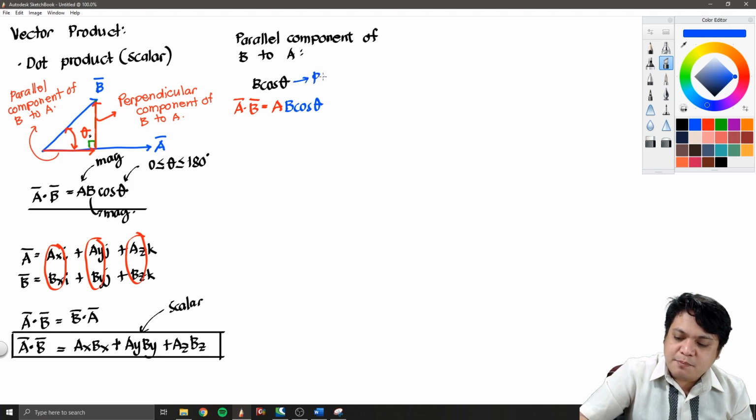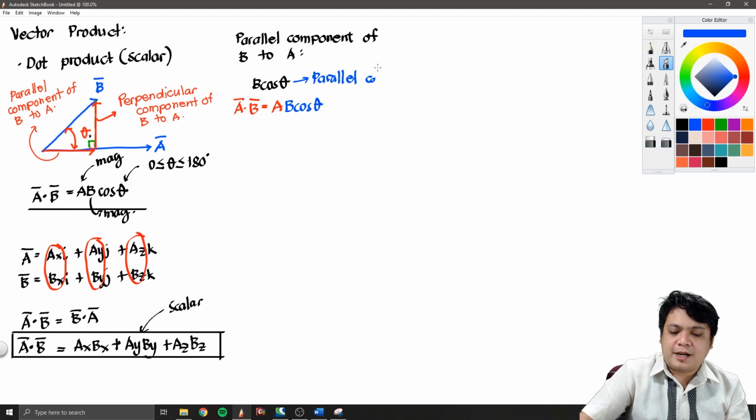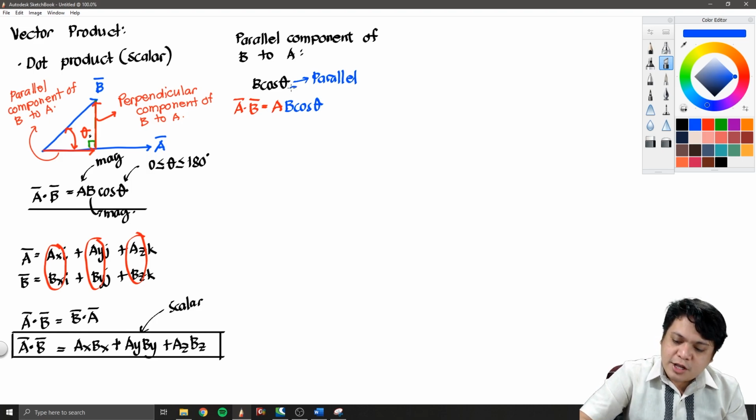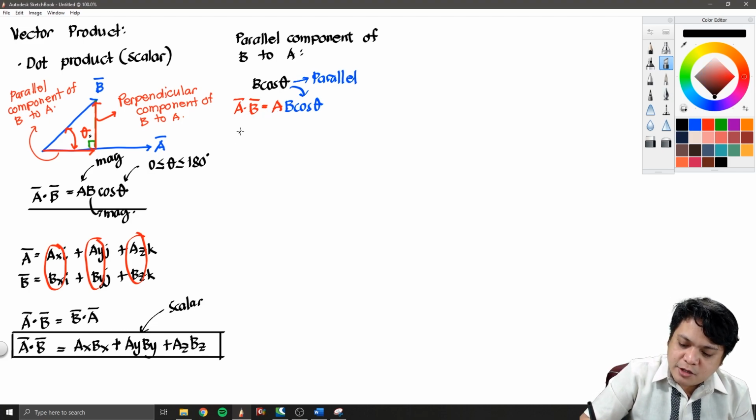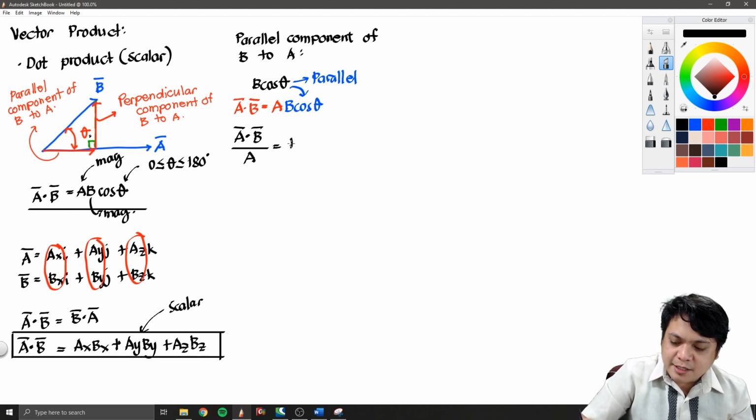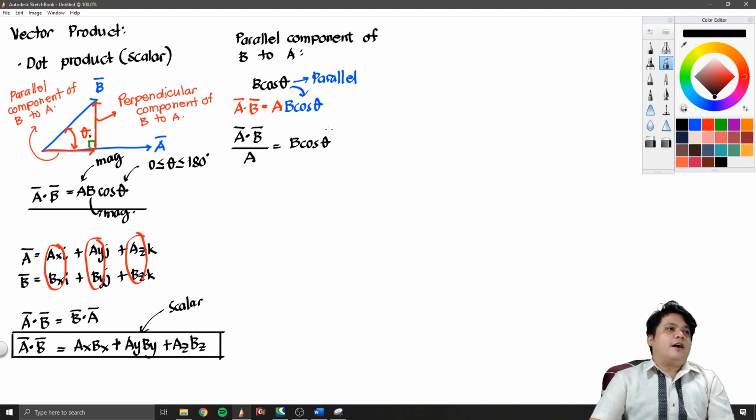Again, this is the parallel component. There it is. So if I move this A to the other side, I will now have vector A dot product of vector B, divided by the magnitude of A, and that is equal to B cosine of theta.